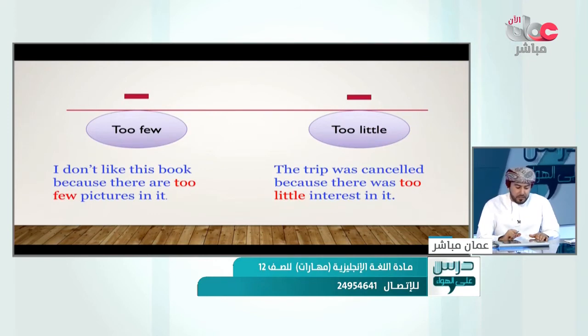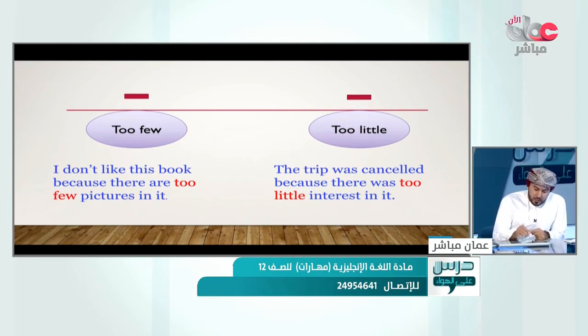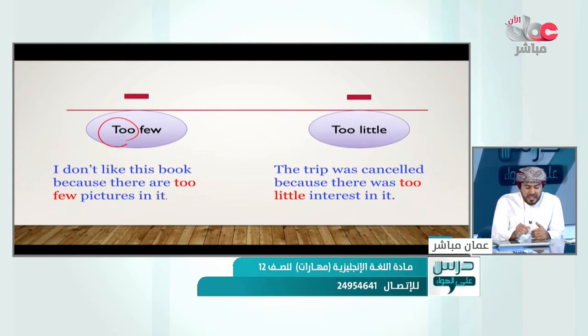Also here he is talking about too few and too little. It is noticeable that this word too has a bigger meaning, which means that it is very much less than you expected, and you are totally not happy and satisfied.